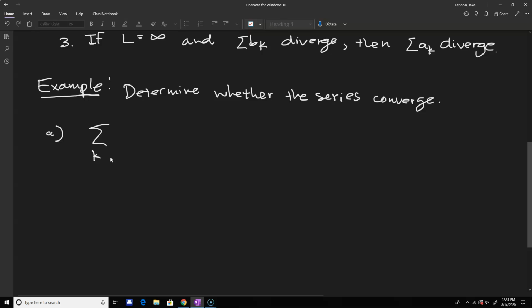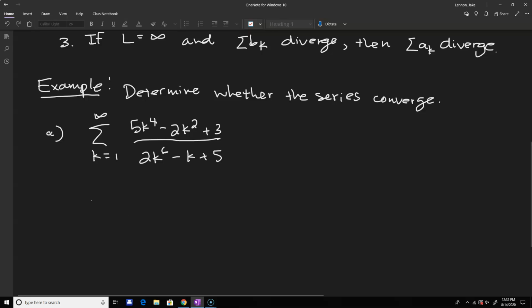We're going from k equals 1 to infinity of (5k to the 4th minus 2k squared plus 3) over (2k to the 6th minus k plus 5). So what are we doing here? Basically, I'm looking at the first term on top, 5k to the fourth, and on the bottom, 2k to the sixth. If you look at the ratio of the powers of k there, that would end up being 1 over k squared.